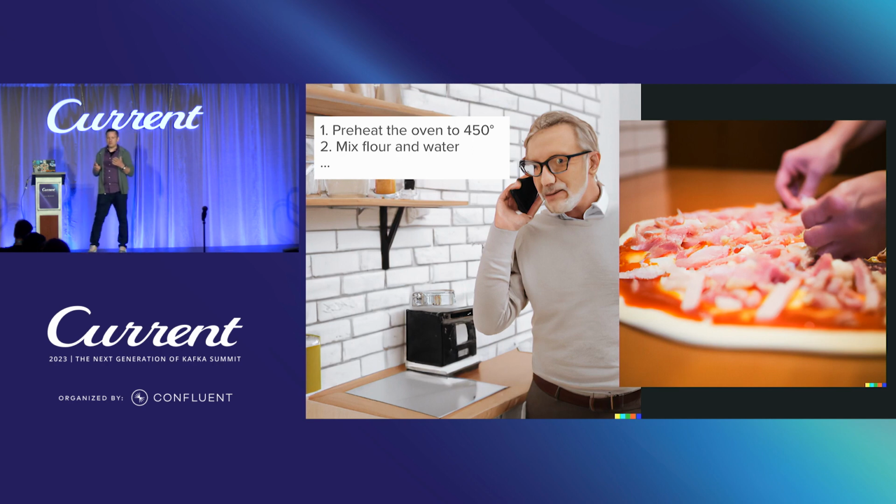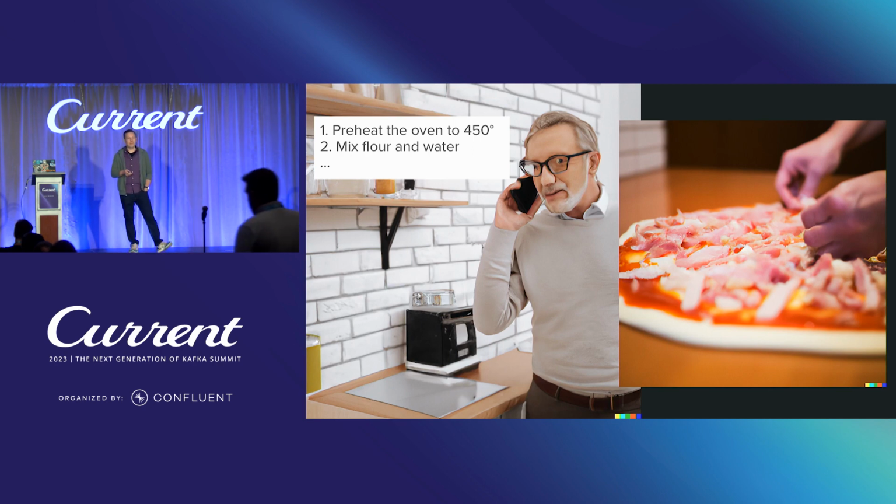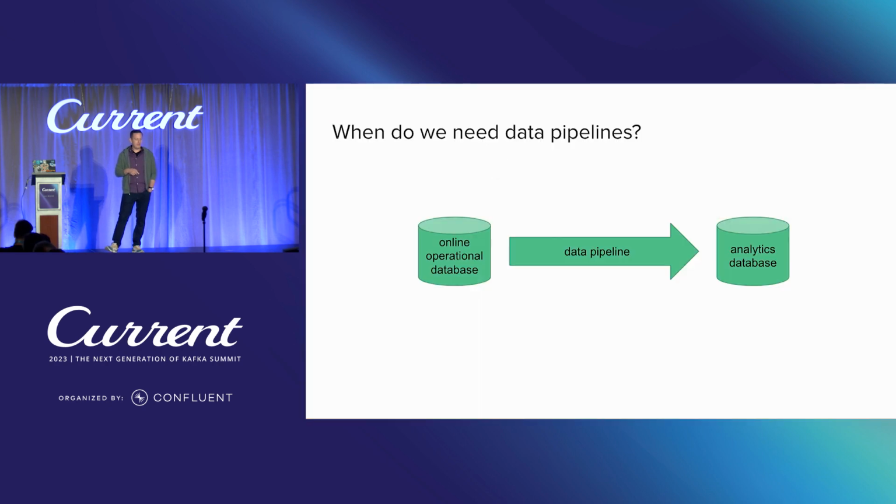So that's what we're talking about with declarative. You could say, start with preheating the oven to 450, but that's probably a really bad experience. It's actually funny, if you think about it, you don't even have to use the word pizza to order a pizza. If you call up Papa John's and say, I'll take a large, they know what you're talking about. That's what I mean by the implicit context.